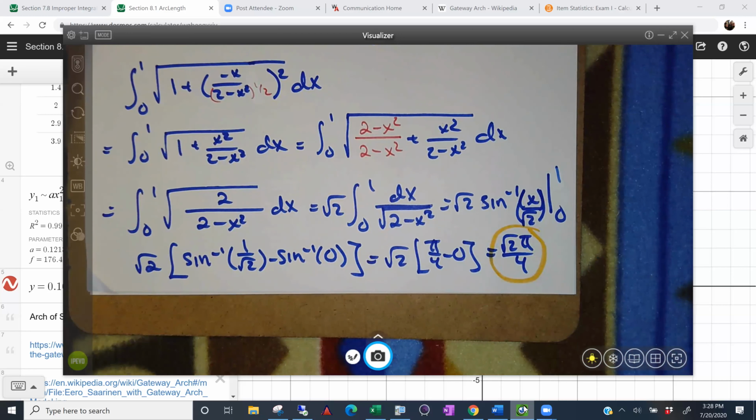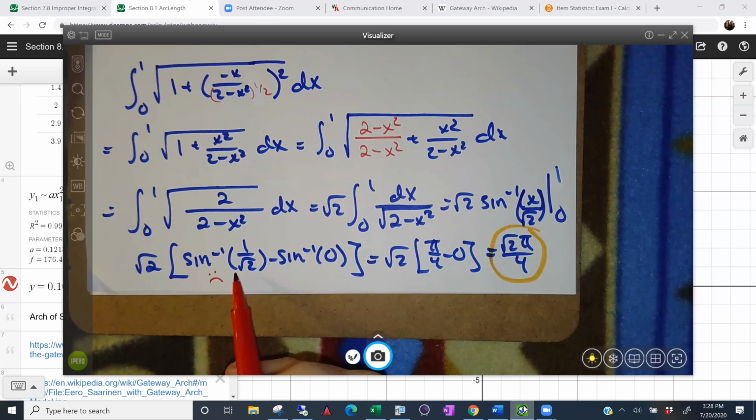Okay. How's that one look? Yeah, please. Would you accept the root 2 sine inverse of 1 over root 2, would you accept that answer, or would you want us to simplify it? I wouldn't be really happy about that. I mean, if this was some crazy number, I might accept it.